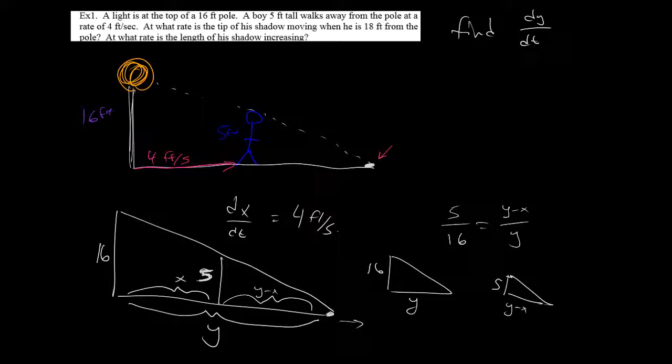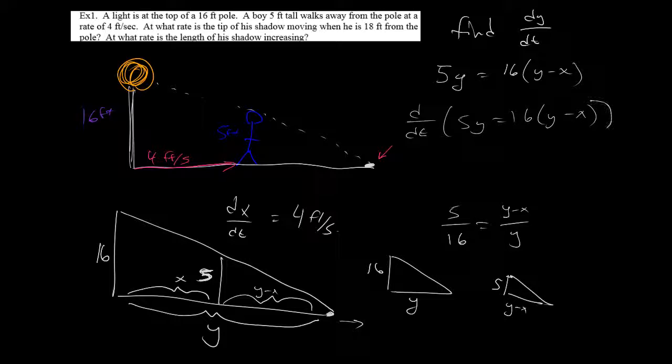So if we cross multiply here, we have 5y is equal to 16(y minus x). We want to find the rate at which this is changing, so we're going to take a derivative with respect to time of 5y equals 16(y minus x).